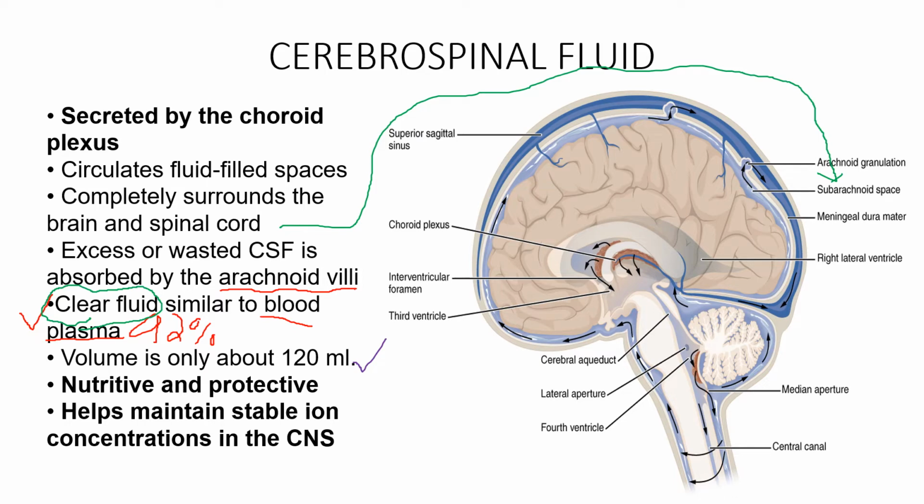So just for reference and knowledge, if you ever have clear fluid coming out of the ears or the nose, and it's not watery, it's salty, or if it ever has a yellow tint as well, you need to go to the doctor fast, probably the ER.